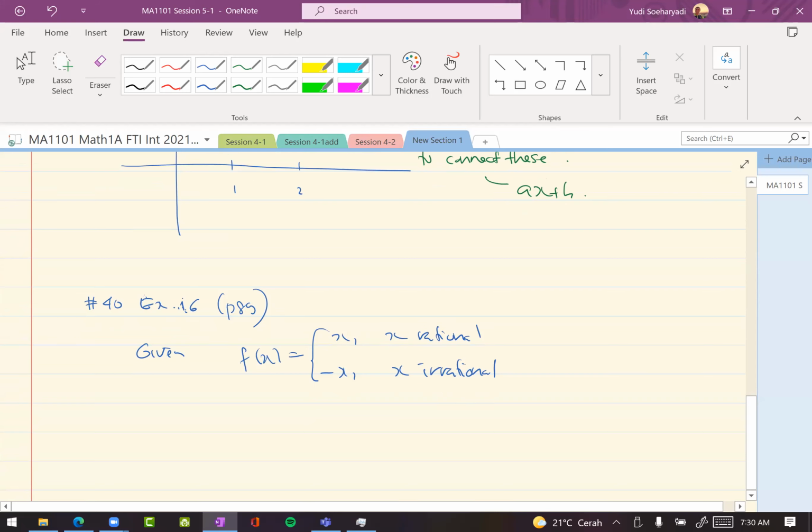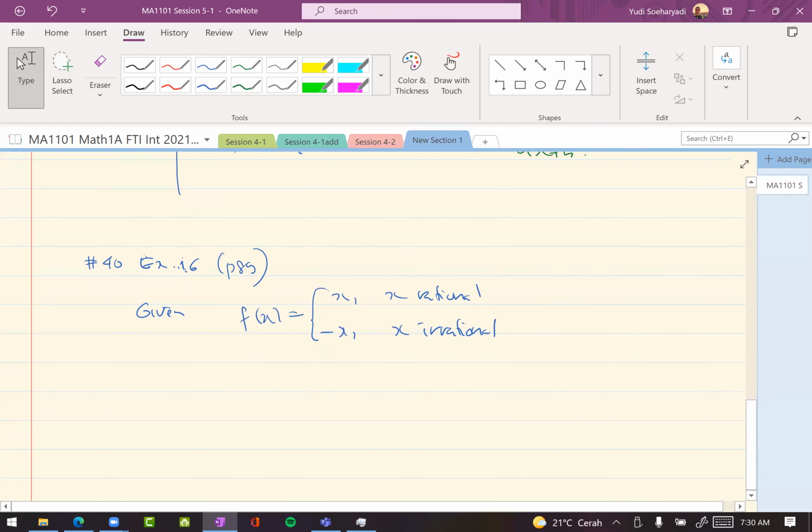So how does the graph look? So we find where it is continuous.